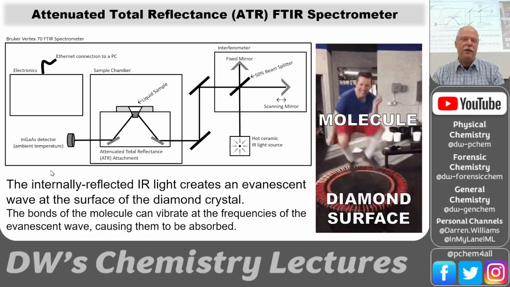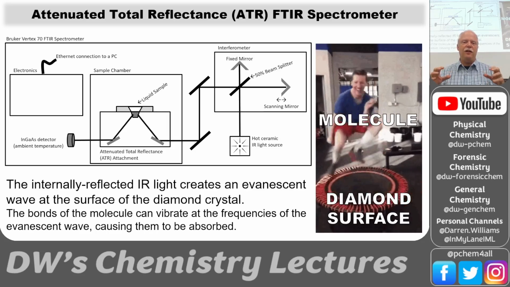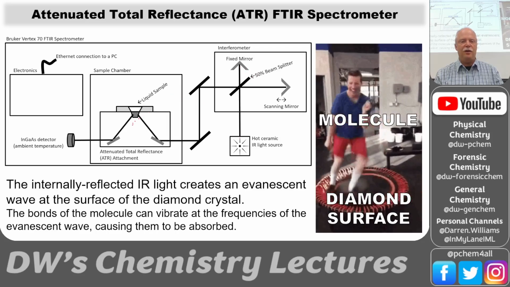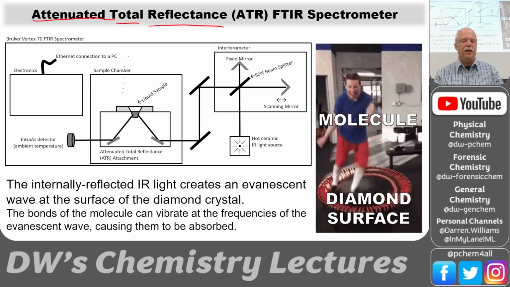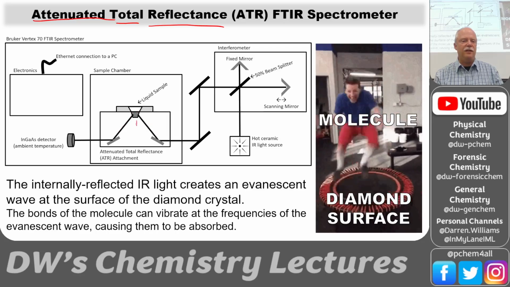So what's happening in the infrared spectrometer, that's a silly video, but it's to show at the ATR, we have the source, we have the interferometer, and then we have this attenuated total reflectance. So notice the light doesn't go through our sample. It bounces off this diamond here.